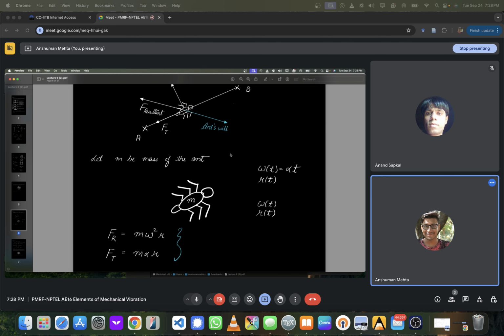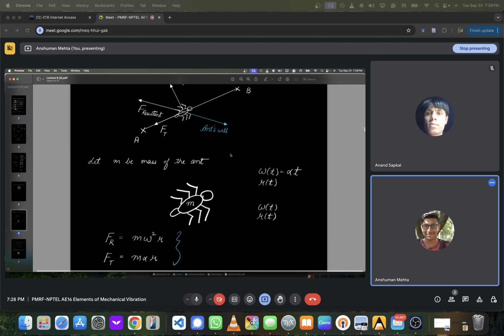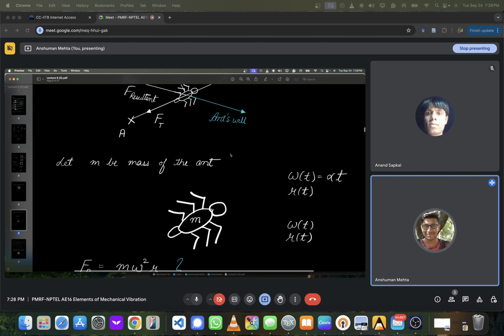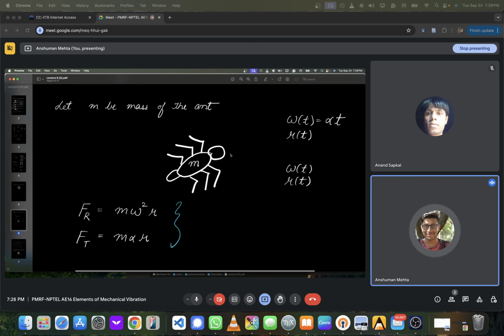But the impression is that omega is increasing and omega square also will be increasing, so hence this radial force will slowly increase to a very high amount. So what will happen, the ant will kind of fling off, okay, it's up to its will to withstand this force by providing stickiness from its feet or its limbs.